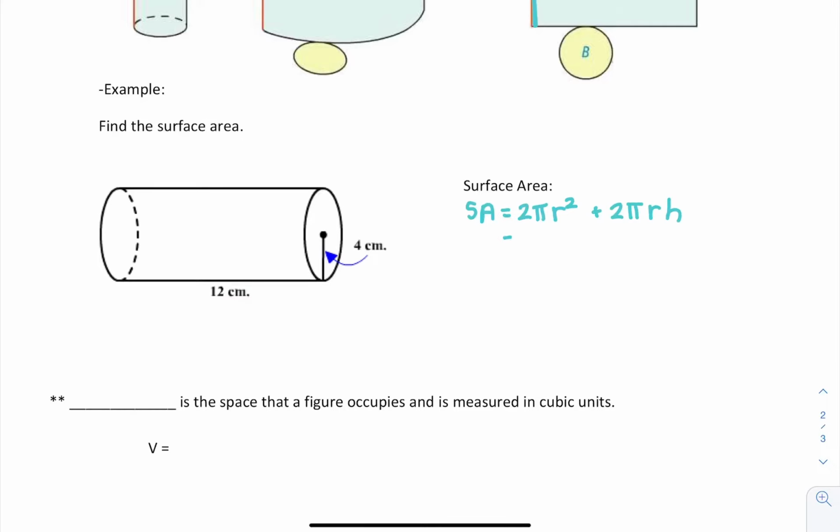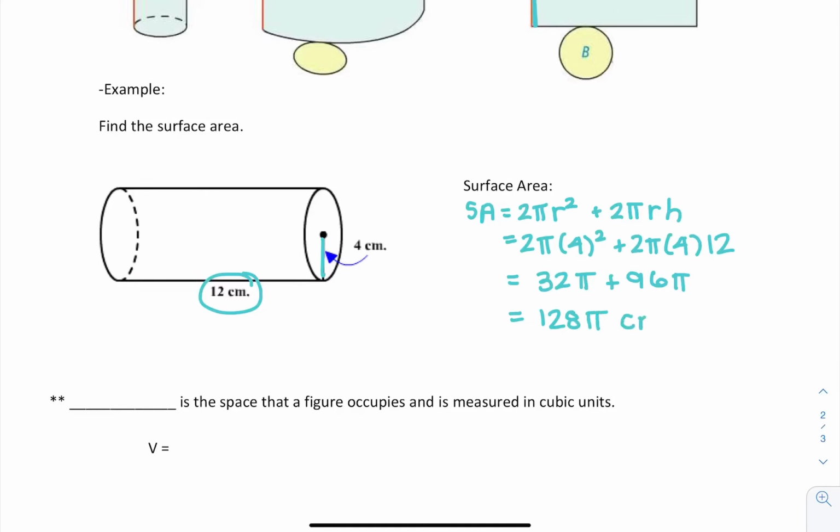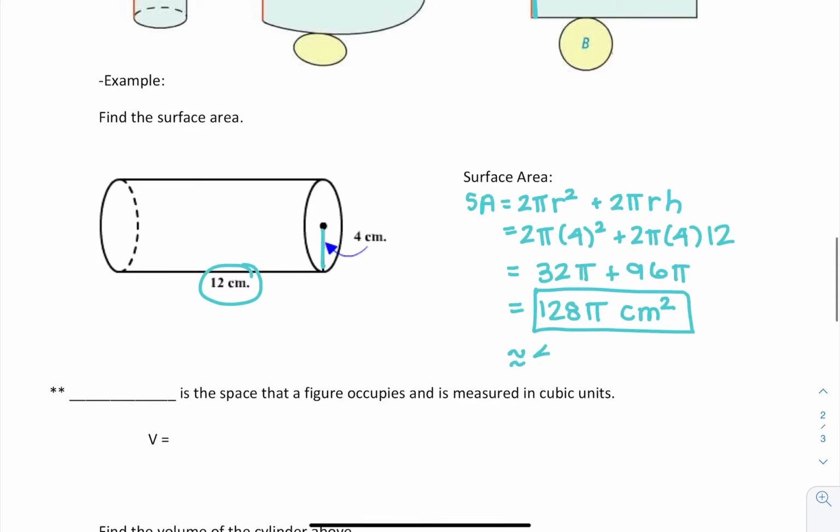The radius in this case is 4 centimeters, so 2 pi times 4 squared plus 2 pi times 4 again, and our height is 12, so we'll multiply by 12. Then we end up with 32 pi plus 96 pi, which gives us 128 pi, and since it's area, centimeters squared. If you want to approximate the exact value, you can multiply by about 3.14, so we get about 402.12 centimeters squared.